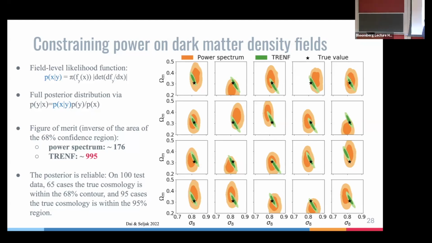Here I'm showing the posterior constraints on omega m and sigma 8. The orange color is the power spectrum, the traditional two-point analysis. The green one is our field level inference. It's a huge improvement that's also quantified by the figure of merit, which is defined as the inverse of the area of the 1 sigma contour. So the larger the number, the better. You see, we're getting much more information compared to just using the two-point information.